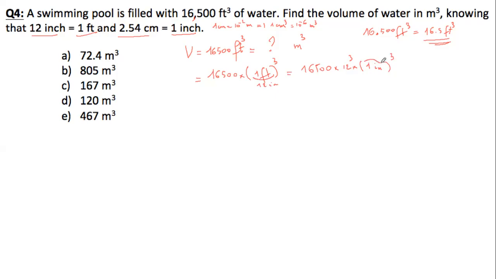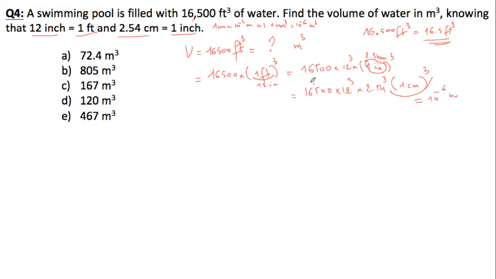But remember, 1 inch is 2.54 centimeters. You have to take it cubed. 12 to the power 3 times 2.54 to the power 3 times 1 centimeter cubed. But remember, 1 centimeter cubed is equal to 10 to the power minus 6 meter cubed.